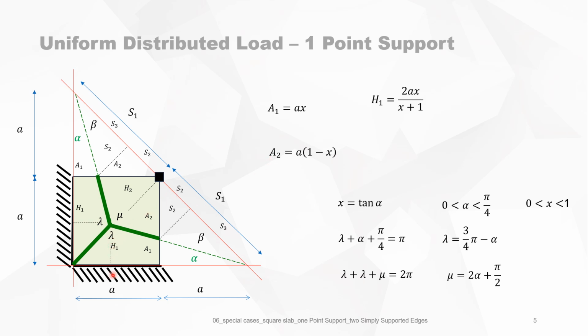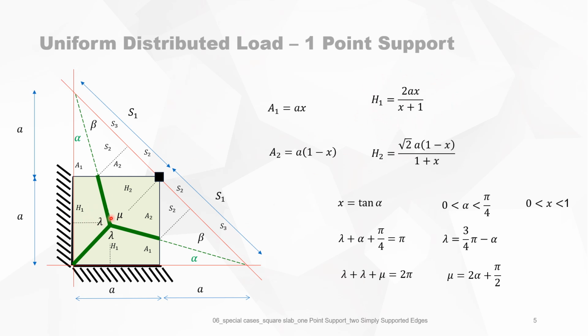For H1, we use the cotangent rule. H1 is equal to the base of this triangle, which is 2a, divided by the sum of the cotangent of this angle and the cotangent of this angle, which gives, expressed in x, this value.